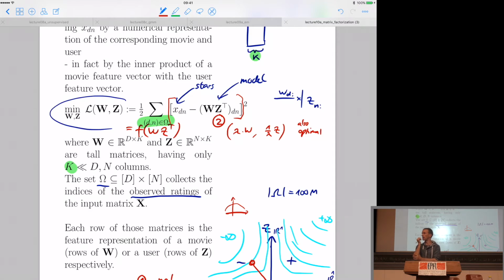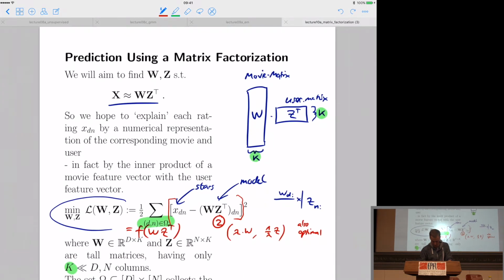Have you seen that before? Yeah, that's exactly it. That would become the Frobenius norm of how far you're away from your x. You'd like to be close to the x entries, and now I'm talking about all the entries.